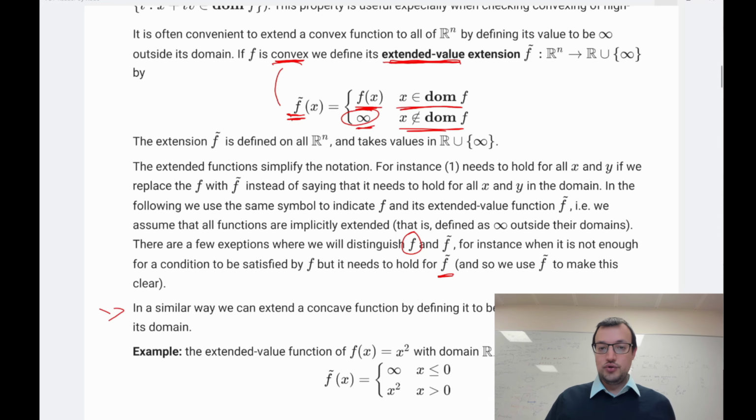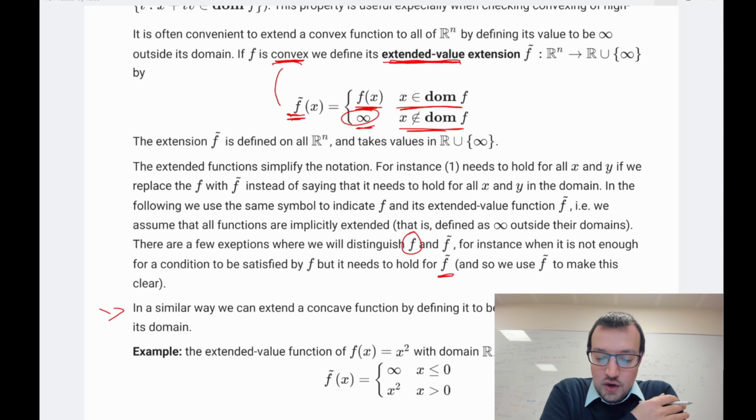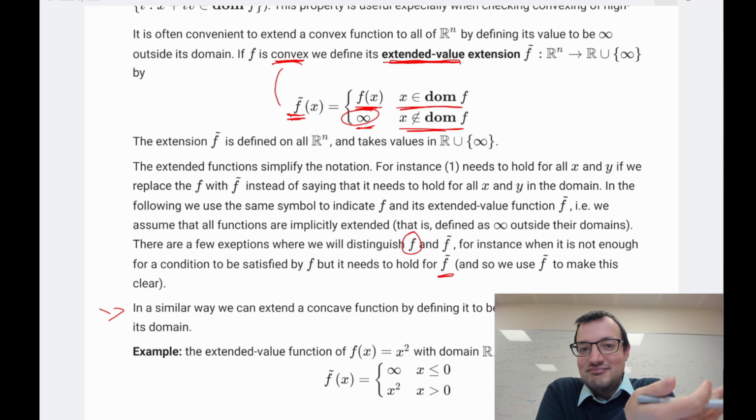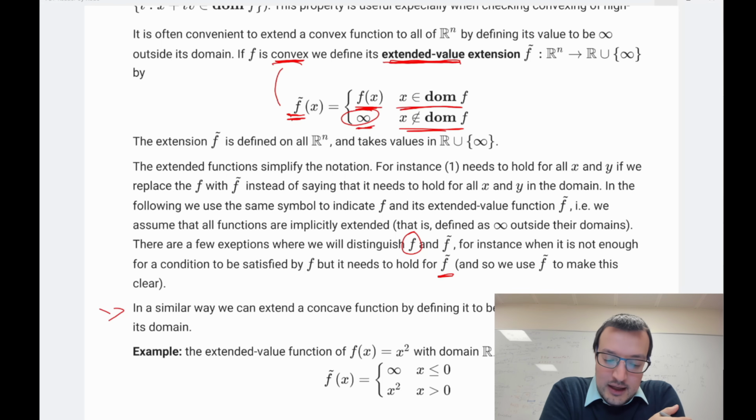In that case, we're going to use f tilde. So in the following, when you see f, you can assume that it is the standard value function, or otherwise that whatever definition we give has to, of course, hold for points in the domain.